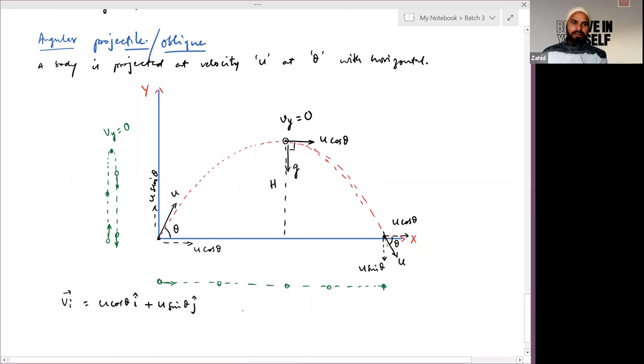Similarly, on hitting back to the ground, it will have final velocity as u cos theta i cap minus u sin theta j cap, as component of velocity along y-axis is towards negative y-axis. That's why here we have minus of u sin theta j cap. So if you relate initial velocity and final velocity, you will say there will be only change in sign of y component with respect to initial and final. Is it clear?